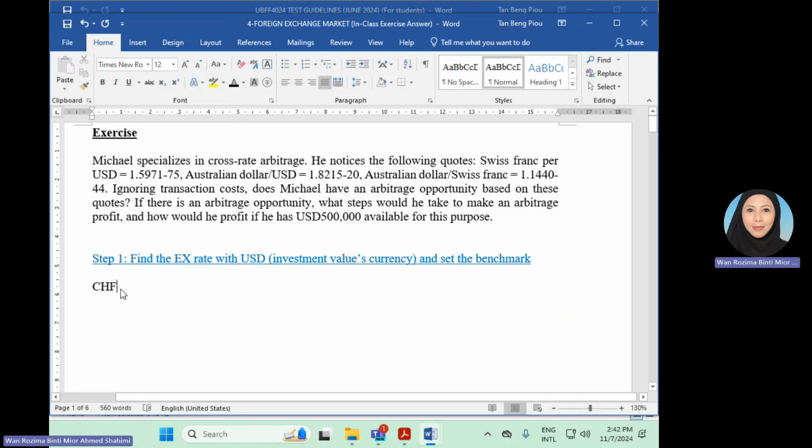The first one is Swiss franc against USD. Second one, the pair Aussie dollar against USD. Third one, Aussie dollar against Swiss franc.